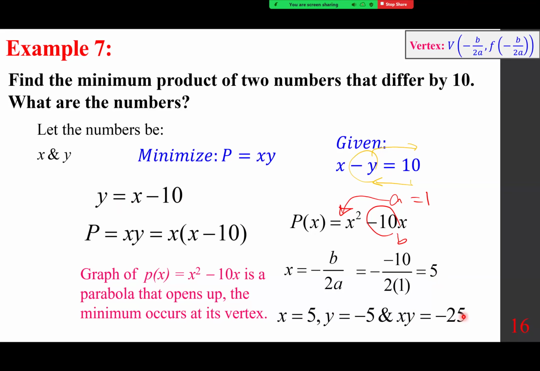So the two numbers that differ by 10, their minimum product is negative 25. So pretty straightforward. You're going to move on.